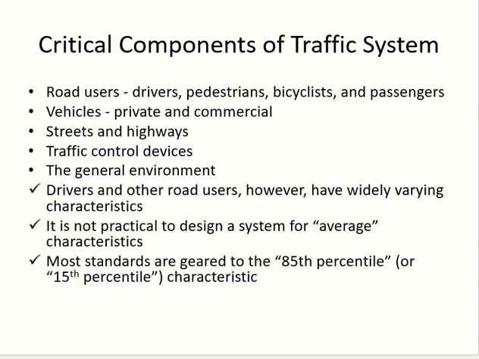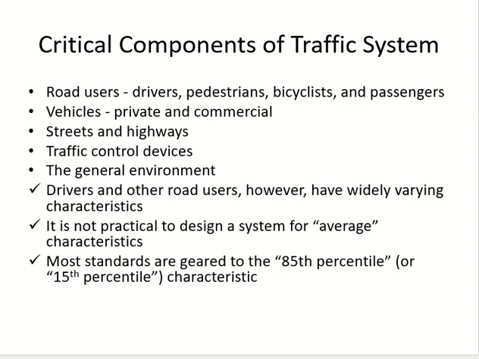So the most important, obviously, we are designing the traffic system to serve the users, right? They are the clients, okay? They are the ones for which we are doing all these things. So road users, the problem with them is they are not at the same level. All road users don't have the same characteristics, they don't have the same properties, okay?